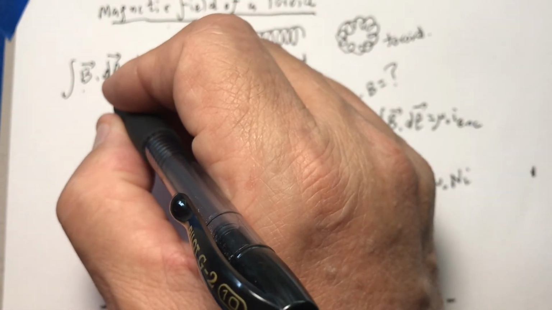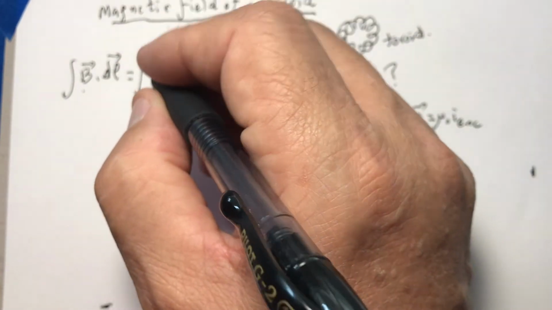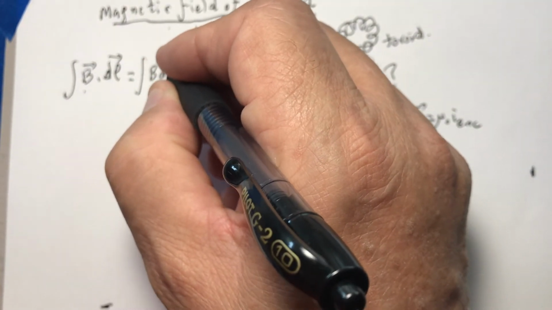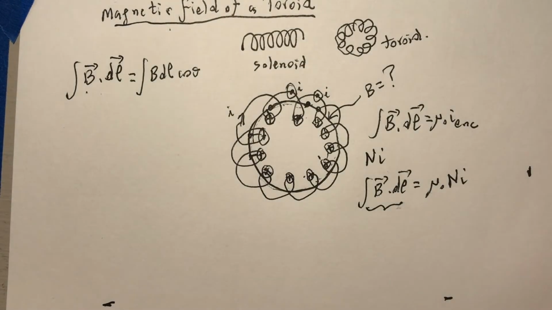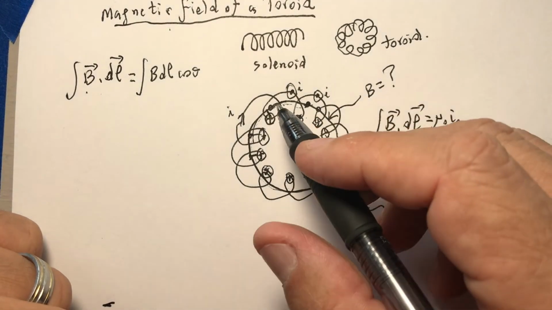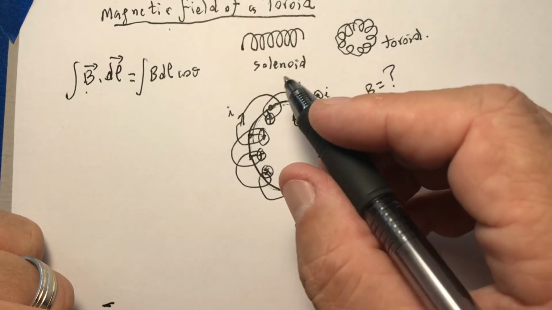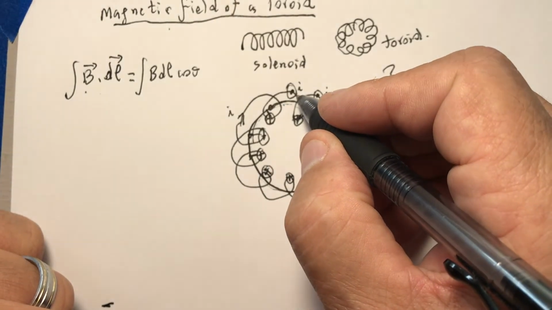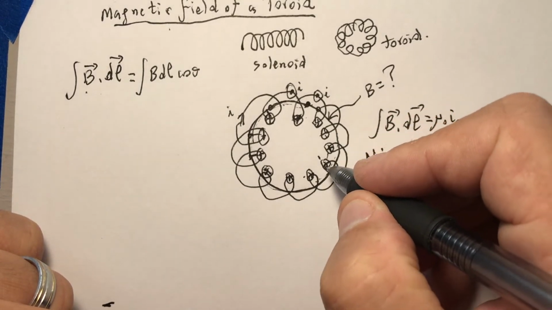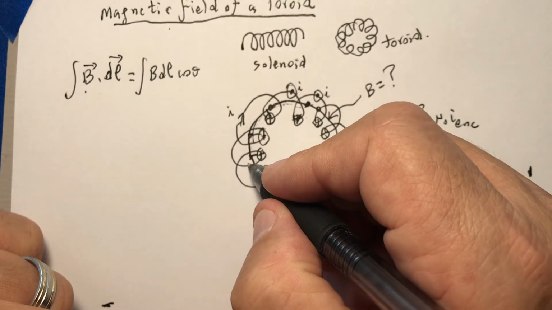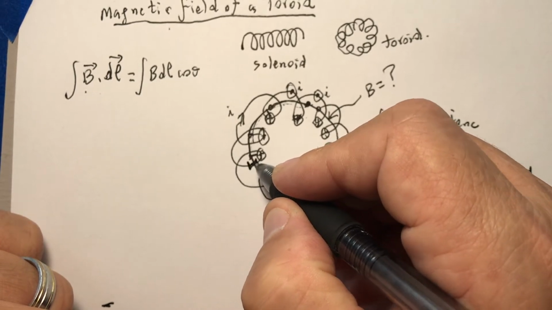Let me put here, this is equal to the integral of B dl cosine theta. You see, the B field is perpendicular to the... well, let's see the angle between B and dl. dl is a section of the loop. Let's take some dl, for example, here. This is dl.